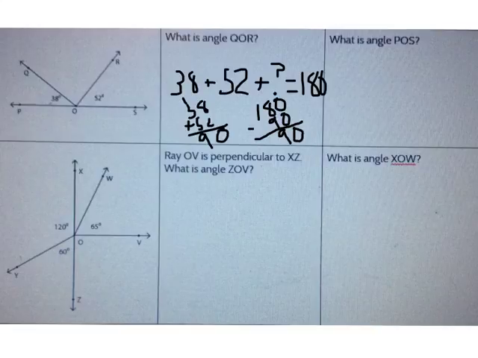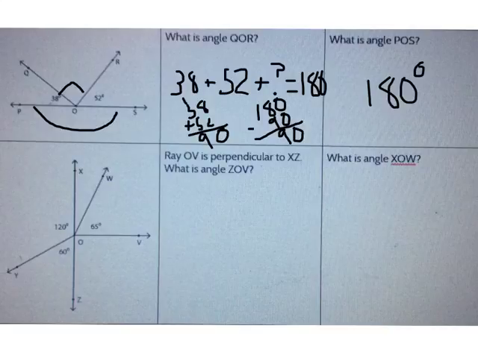Angle QOR is worth 90 degrees. 52 plus 38 is 90, and 180 minus 90 is also 90. So angle QOR makes a right angle. What is angle POS? Well, POS is a straight line, so it's worth 180 degrees.